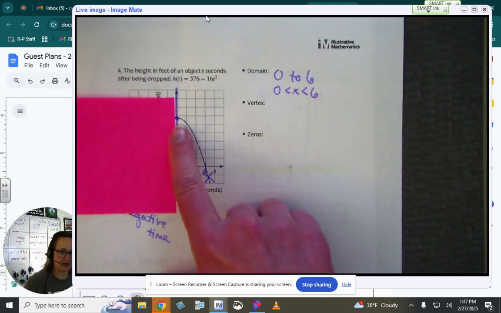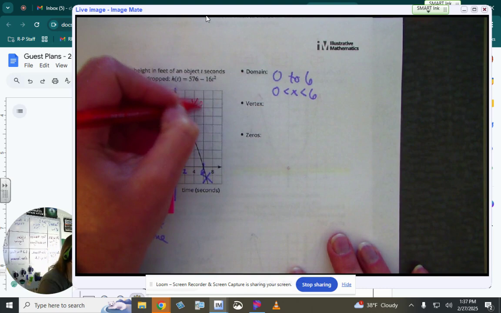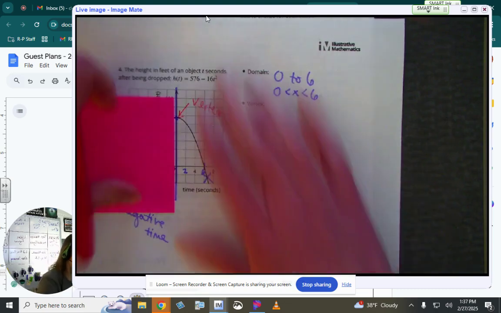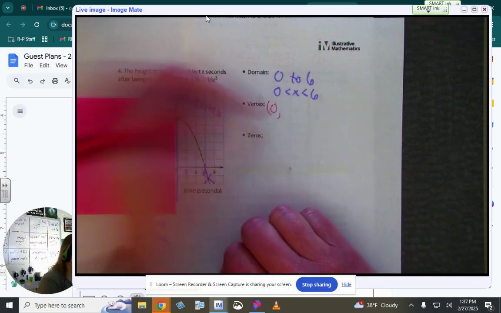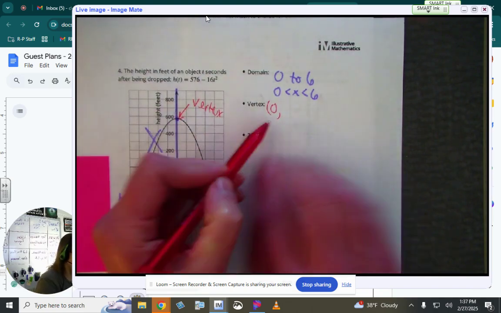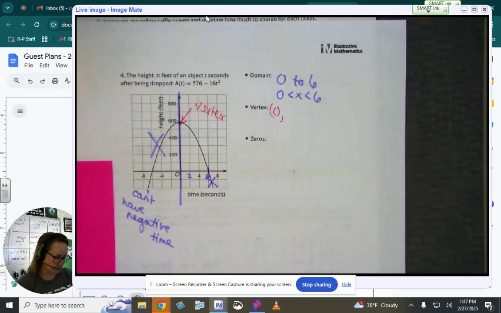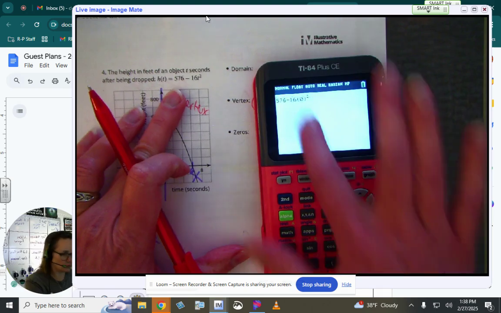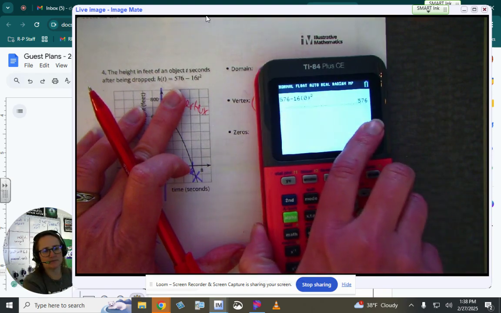The vertex is the highest of the high points. That vertex is happening here. The highest high or the lowest low. This one is happening, let's see, right on that y-axis. So it's happening at 0. And if I put 0 in place of t, let's just go ahead and calculate that on a calculator. 576 minus 16 times 0 squared. 576.